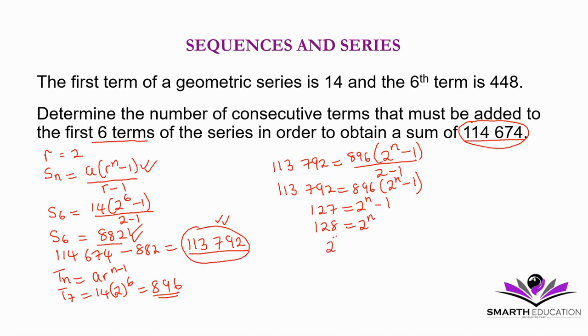So 2 to the power 7 is equal to 2 to the power n. Now the bases are equal, we can equate the exponents. Therefore, n is equal to 7. So it means 7 terms must be added to the first 6 terms to get 114,674.